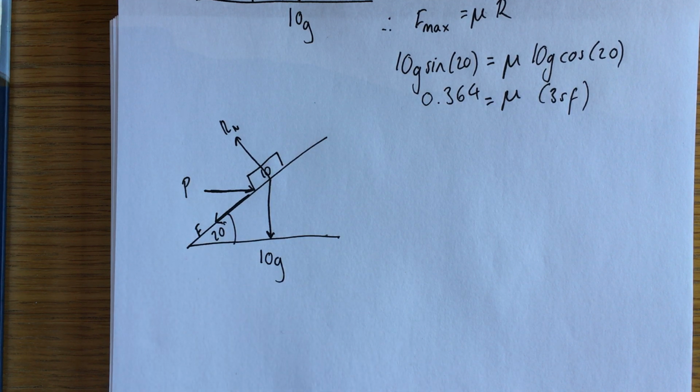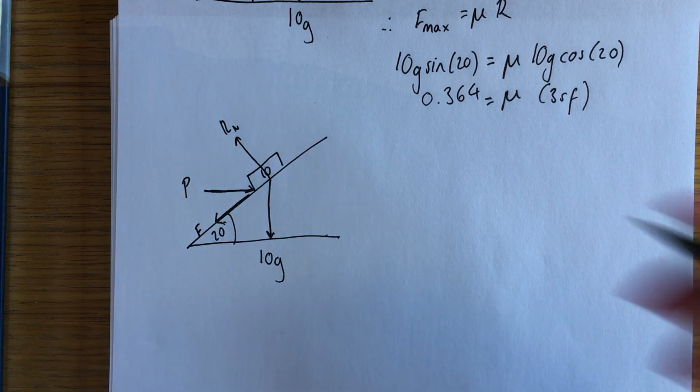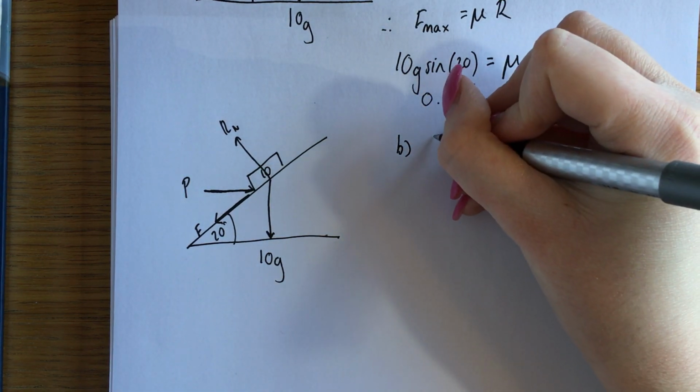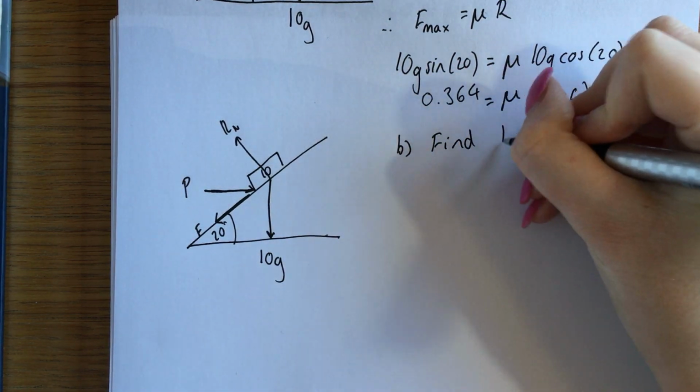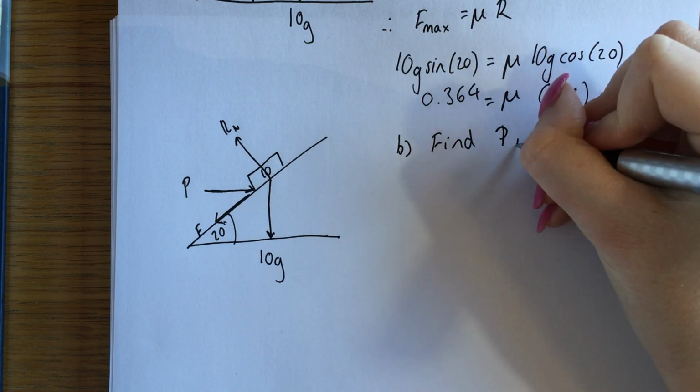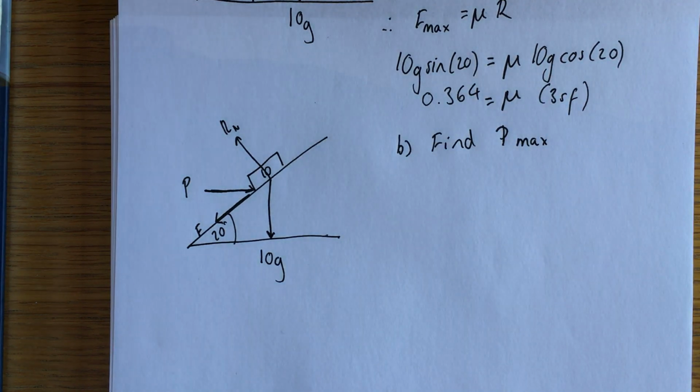And the question says find the maximum possible value of P. So if I'm finding the maximum possible value of P, that means I'm finding the point where the box remains in equilibrium, that's the point where friction is at its maximum as well.